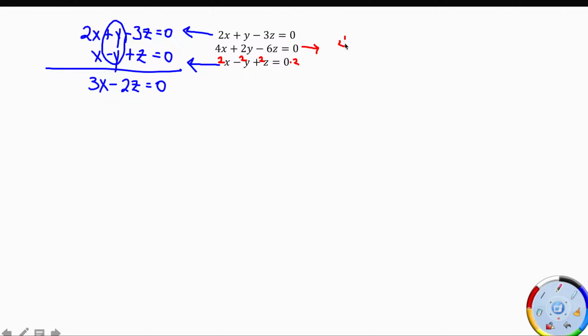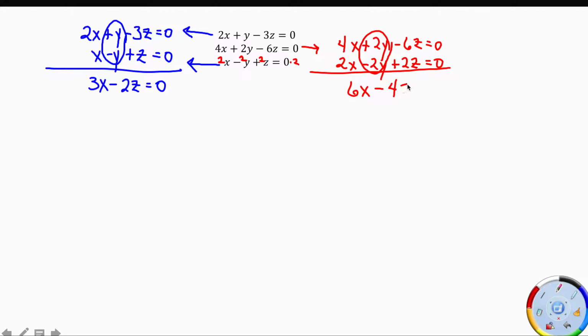This one's going to get me 4x plus 2y minus 6z equals 0. And down here, I'm going to have 2x minus 2y plus 2z equals 0. So once again, I've eliminated that same variable, giving me 6x minus 4z equals 0.